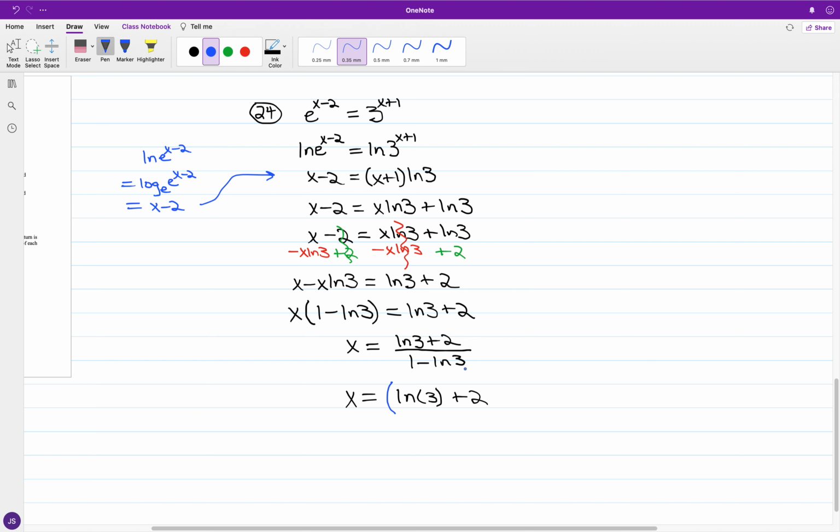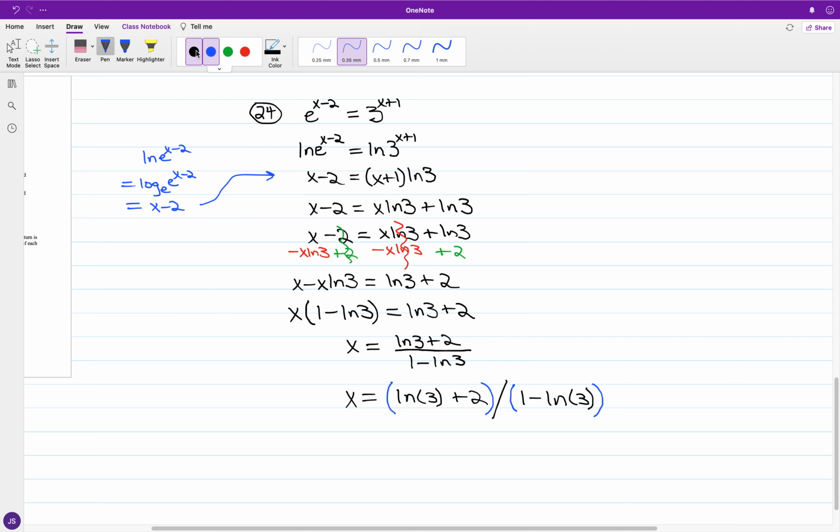So we're going to close out for the sum. With division, we have a forward slash. We have division by 1 minus natural logarithm of 3. So again, close parentheses around the 3, and then close for the difference in the denominator.